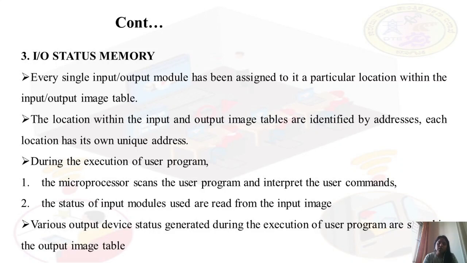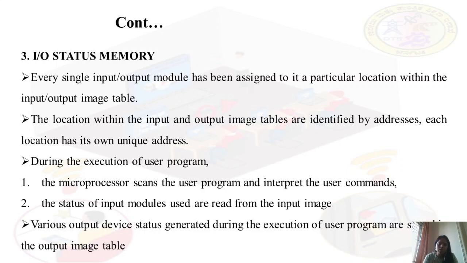In the input image file, the CPU fetches the input variables. Then, according to the program you have written through the programming device, it will execute. The output image file will be filled by the CPU according to your program. Then it will actuate the outputs. Understood? This is the procedure.